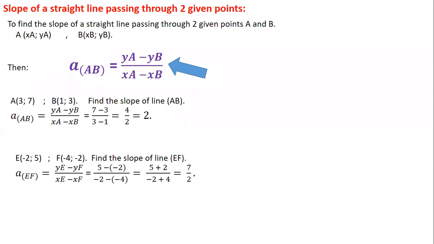This one should be memorized, okay, Syrian? So for any straight line whose slope I want to determine and that passes through 2 points, I use this rule: the ordinate of the first point minus the ordinate of the second point over the abscissa of the first point minus the abscissa of the second point.